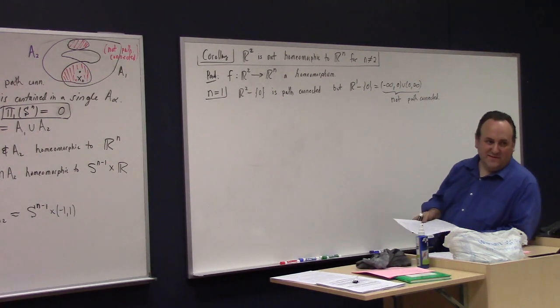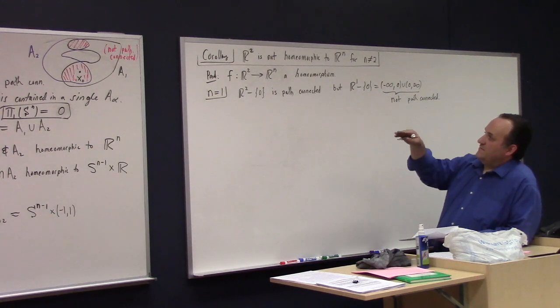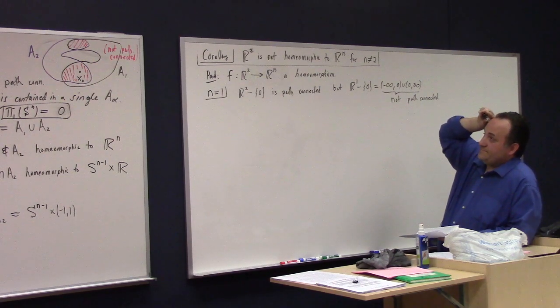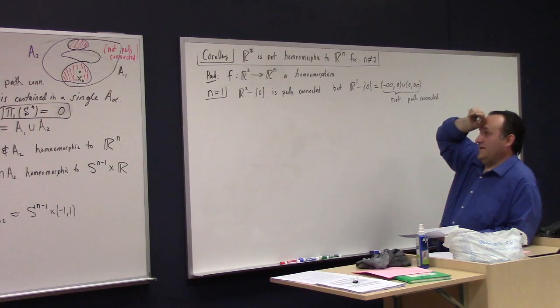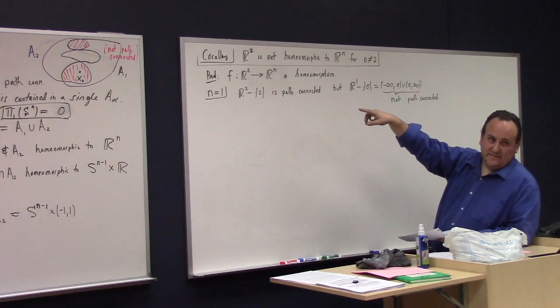So he's using this. He's saying, supposing that you have a homeomorphism, if that were the case, then it should still be the case that path connectedness is preserved.